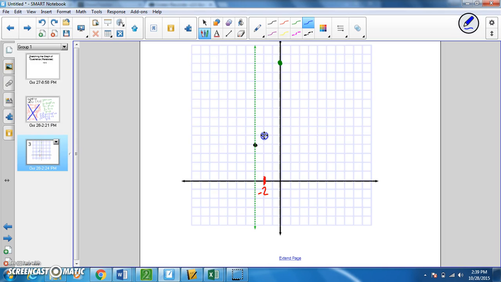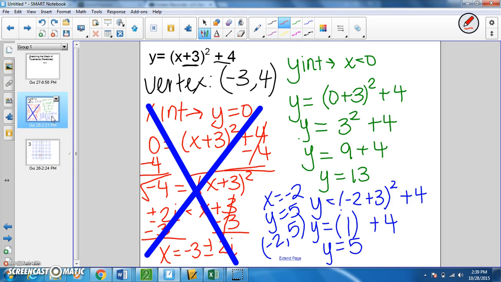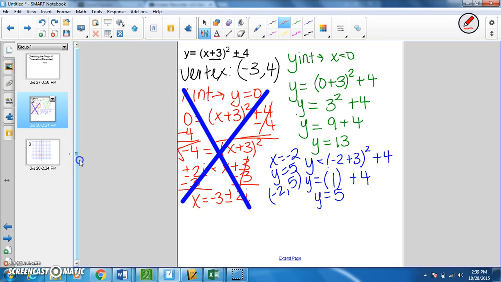If we didn't have room originally to fit the 13, then we would have to move one x value over again to -1. So we plug -1 into our equation to get y is equal to (-1 plus 3) squared plus 4.